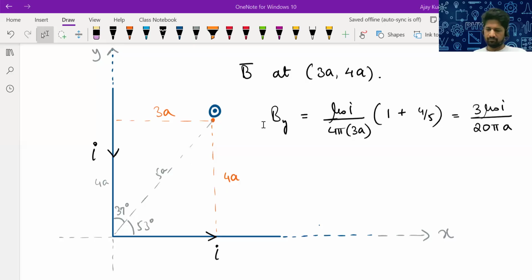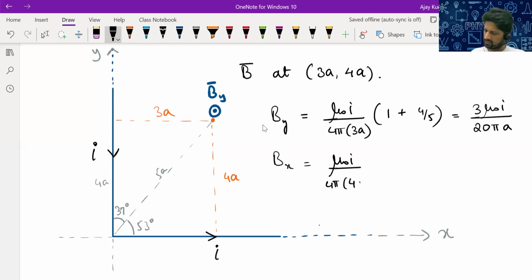Yes sir. Okay. So the field produced by this current, which is in the y direction downwards, at that point is out of the screen. Let's call it B1 or By. Next, the other wire which is carrying current along the x-axis will produce a magnetic field of mu naught I by 4 pi.